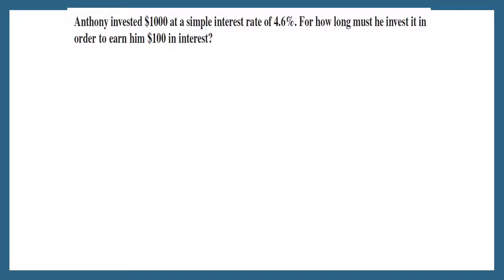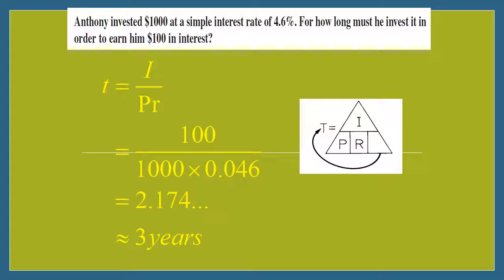This one here is just the same sort of question, but from another angle. Anthony's invested $1,000 at 4.6%, so we assume it's per annum. How long must he invest it in order to earn $100 in interest? It's the same question as what we did before. We want to find the time to earn $100 in interest. It's I over PR.